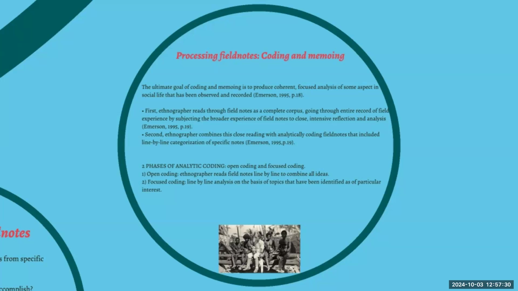Coding and memoing are really an essential part of this ethnographic research as well. And this is again within jotting down notes, within taking down data. Coding involves breaking down the field notes that you have into meaningful categories that help you make sense of the data.